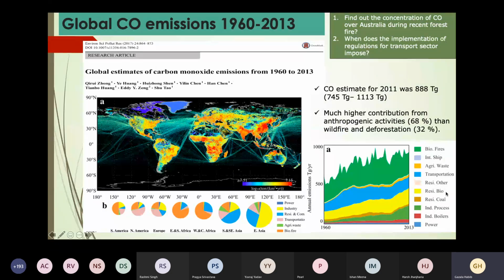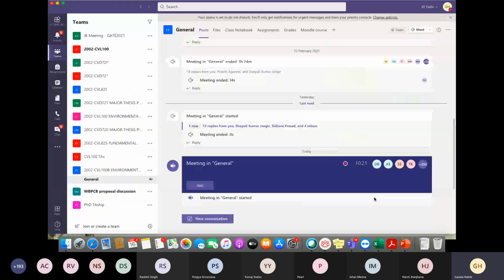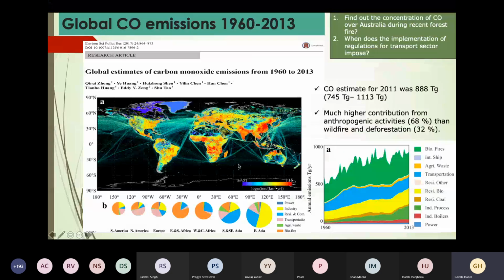So we know about CO, how dangerous it is. Now we need to know what the concentration of CO is over the globe. Here you can see the picture where the global concentration from satellite data is given on the top left-hand side.